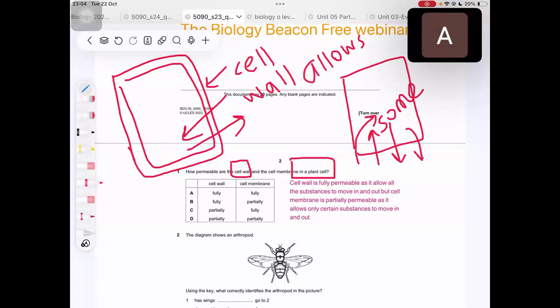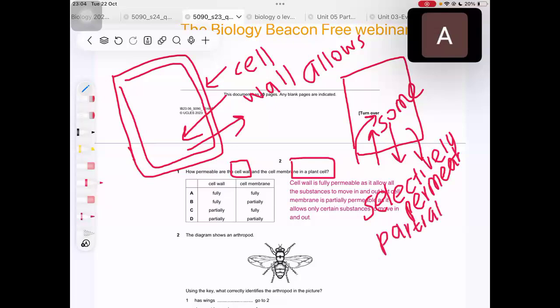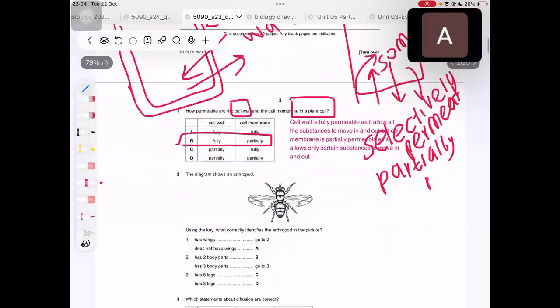Therefore, the cell membrane is known to be selectively permeable. In other words, we can call this partially permeable. So the cell wall is fully permeable while the cell membrane is partially permeable. The answer for question number 1 will be answer B.